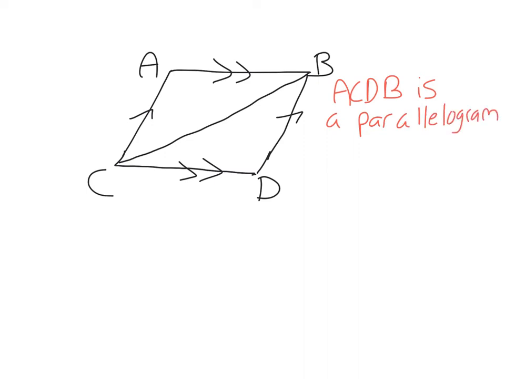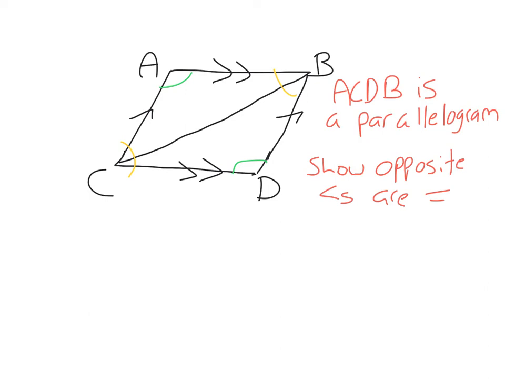So I'm going to show that opposite angles are equal in this shape. Now, hopefully, you can see that by dividing it into 2 triangles like I have, if I can prove that they are congruent, then I can show that these 2 angles will be equal and these 2 angles will be equal. Okay, so that's my goal here. Show that the 2 triangles are congruent, and then use the fact that corresponding angles in congruent triangles are equal.